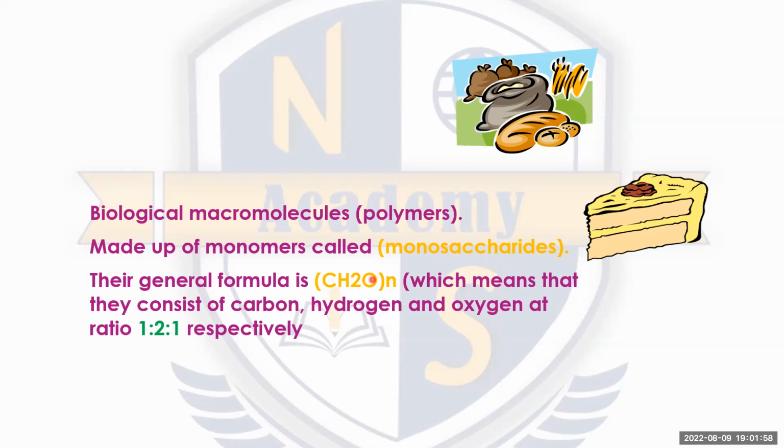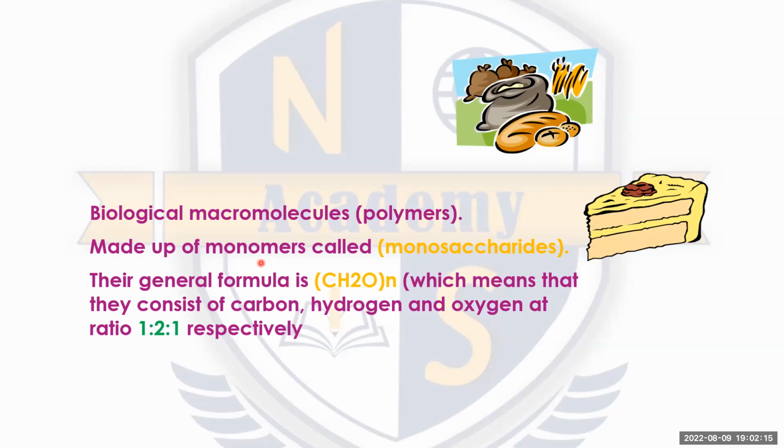But in carbohydrates, there is no sulfur, phosphorus or nitrogen, just carbon, hydrogen, and oxygen. These three atoms form the monosaccharides, which are the monomers of carbohydrates.